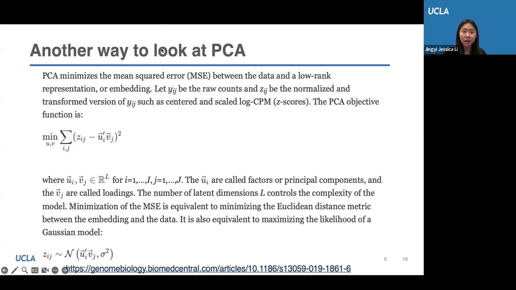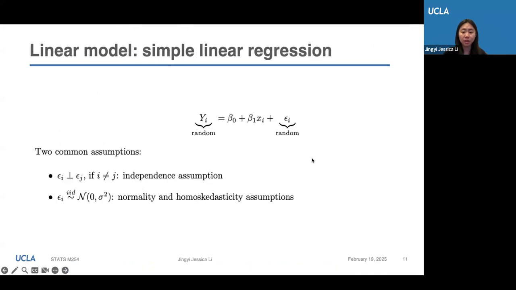What is Z_ij? Z_ij, we said here, is the normalized, log transformed value of gene j in cell i. It's one of the entries in the single cell count data. Okay, any questions regarding this alternative formulation of PCA? All right, if not, then let's continue.